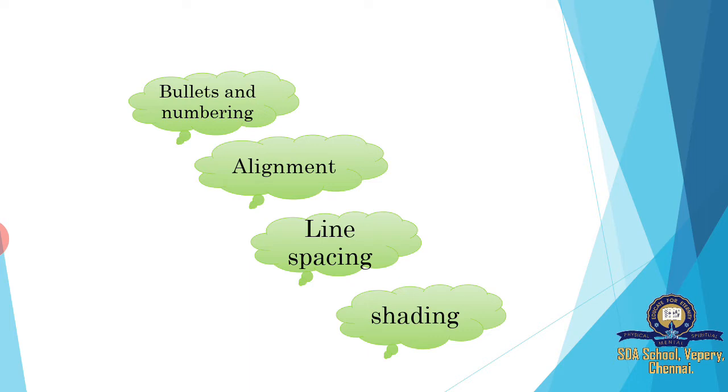Likewise, in a Word document, we use bullets and numberings. We add many options in bullets and numberings, that we already saw in the previous class, right? In bullets, we add a tick mark, dot, a circle, a square shape.